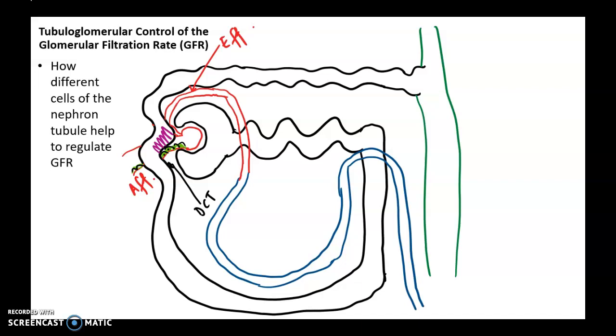I want you to pay attention to the distal convoluted tubule, where you see some purple elongated cells. Do you see this? Purple elongated cells. Now, these purple elongated cells specific to the distal convoluted tubule are called macula densa cells. Macula densa cells. All right.